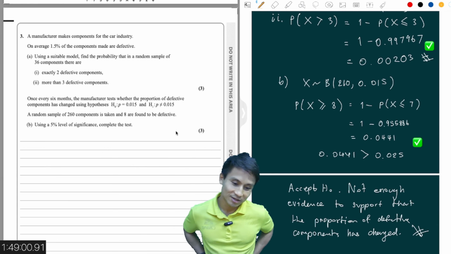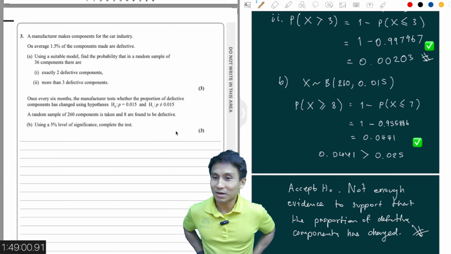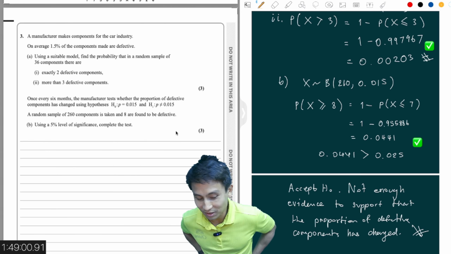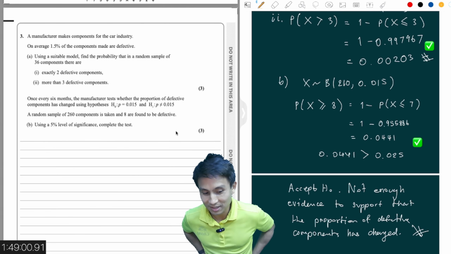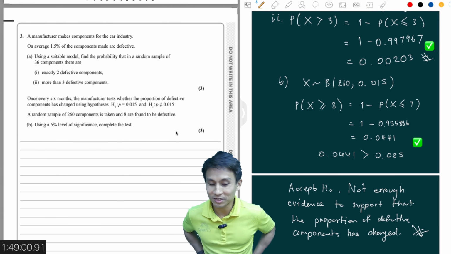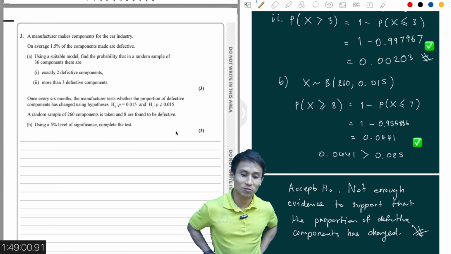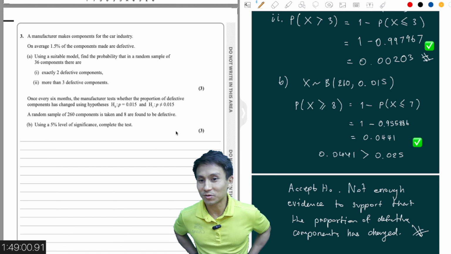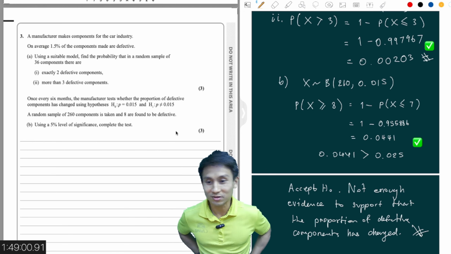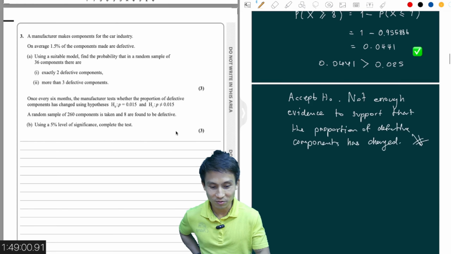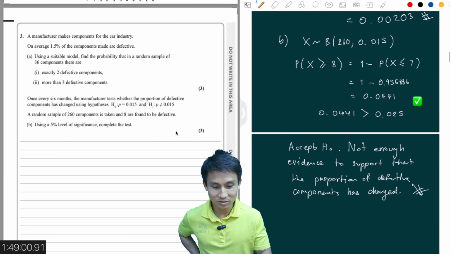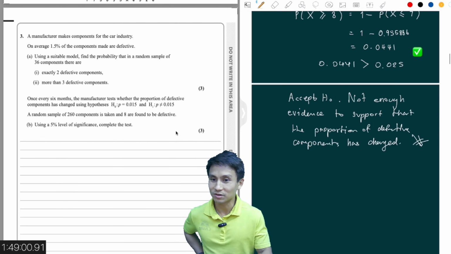Approximation would have been needed in the international spec paper, because they don't have the table there to do the 0.015, and calculator work isn't allowed. Although you could use the calculator to check, you can't quote the value from the calculator. And that's not significant, so we accept H0, that's fine.